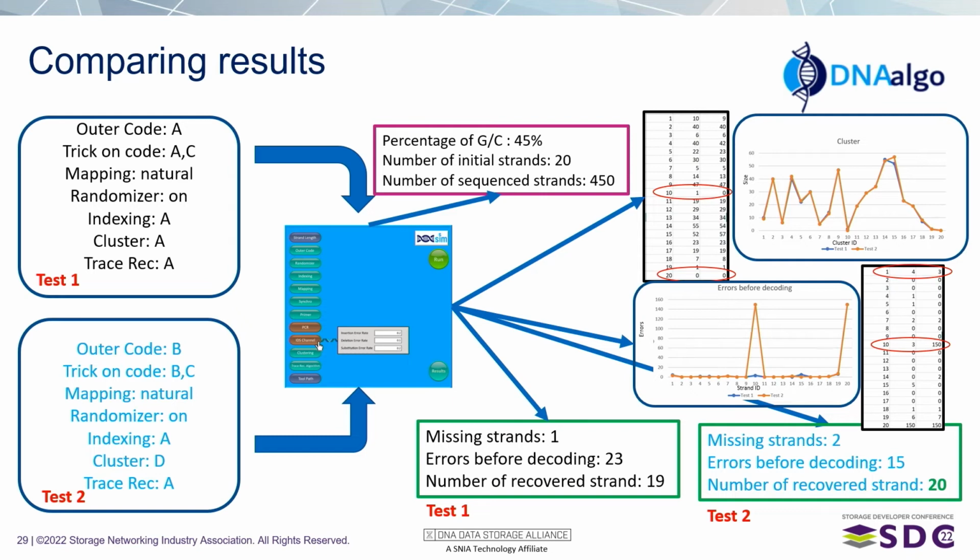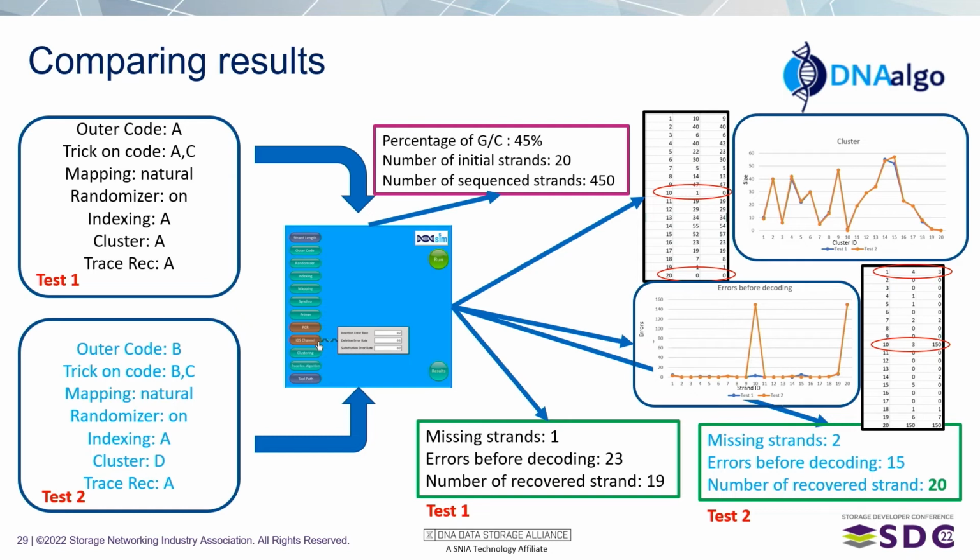So at the end, we want exactly the same noise model, to understand the impact of using the outer code, different tricks on the code, and a different cluster algorithm on that specific noise model. So the noise model is exactly the same: what we used here for PCR multiplicity and the probability of insertion, deletion, and substitution is the same.